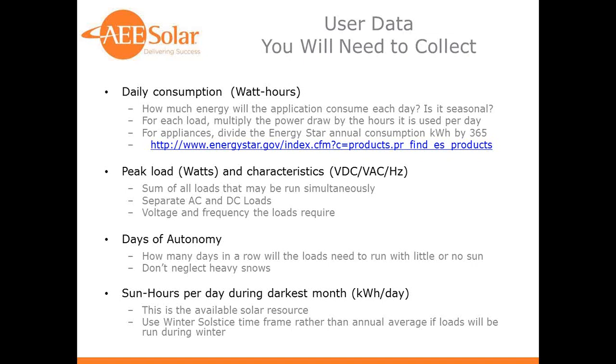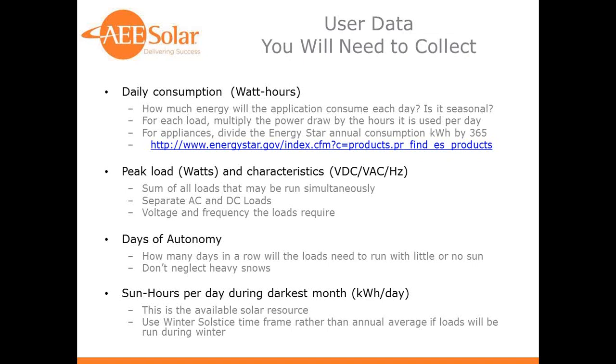Whereas the loads that are run in the wintertime are more commonly drawn off the battery because the days are shorter and there's typically more inclement weather. So seasonal variations are important to keep an eye on. For appliances, if they have an Energy Star rating, that's great, because you can often look it up on the Energy Star site and figure out exactly how many kilowatt hours a year it uses and divide that by 365 to get an average daily consumption.